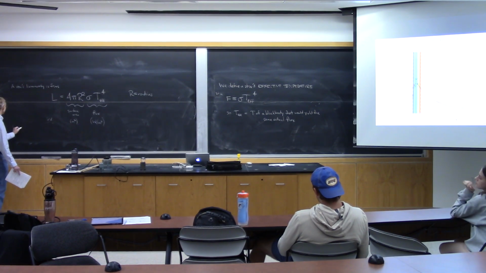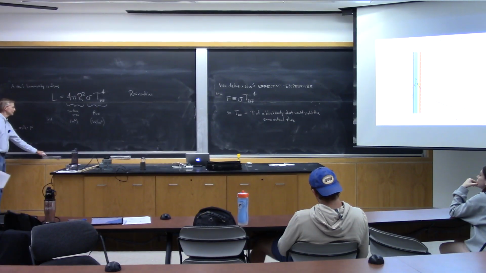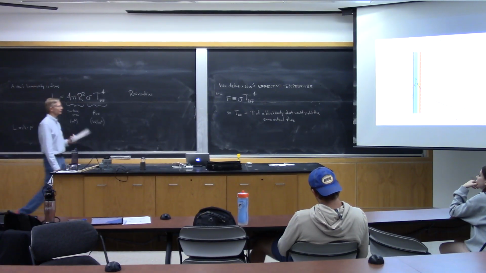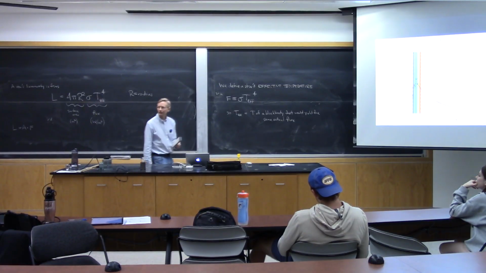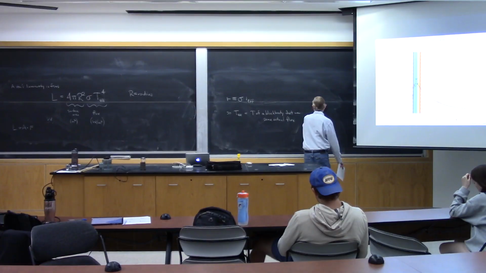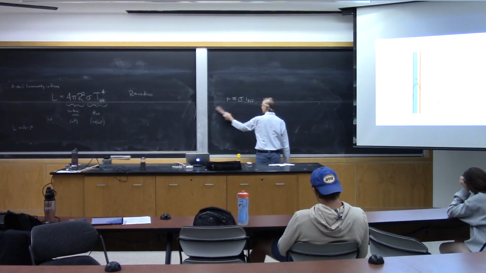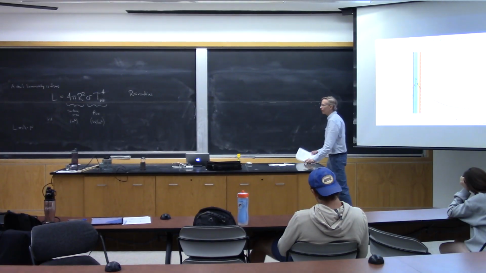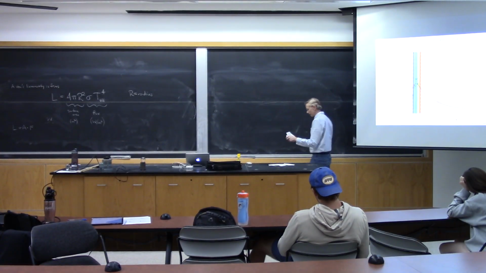So L equals area times flux. That'll always be true. And if that area is that of a sphere, a star, 4 pi r squared, sigma Tef to the 4th. That's a super fundamental relationship in astronomy. We use that sort of thing all the time when we're talking about stars.